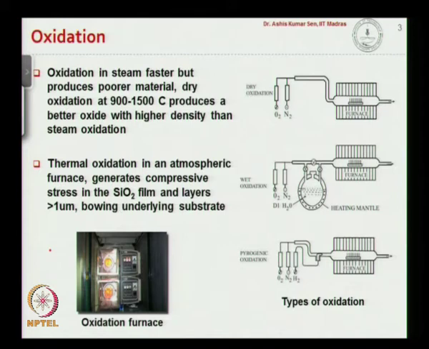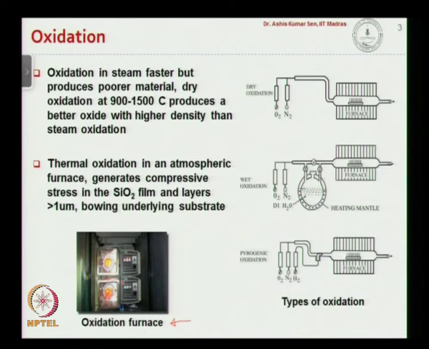So the thermal oxidation is done in an oxidation furnace similar to the one that is shown here. So what we see here is the high temperature that is maintained inside the oxidation furnace. So typically there will be a board where we can stack multiple wafers, okay, and using a glass stick we can place the board inside the furnace.